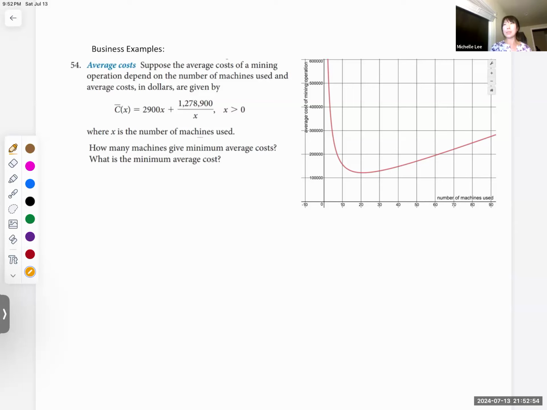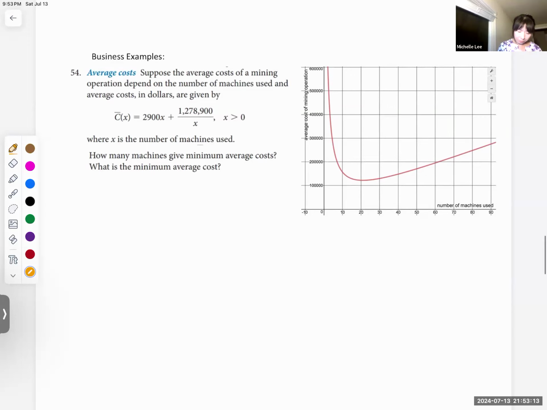How many machines give a minimum average cost? And then what is the minimum average cost? Okay, so how many machines? So we want to find out what X is.